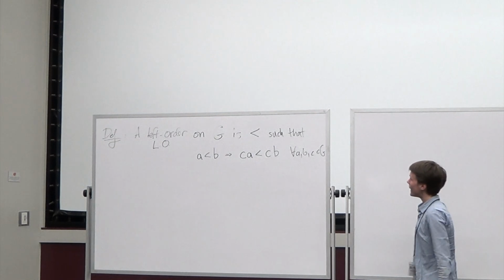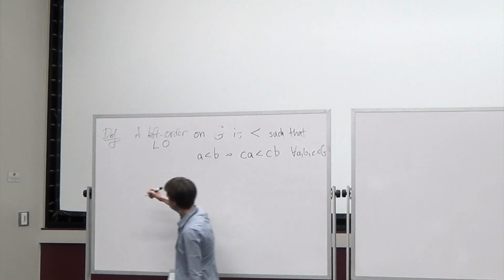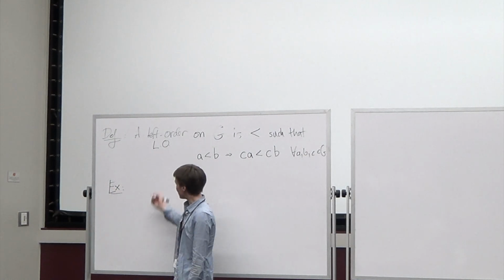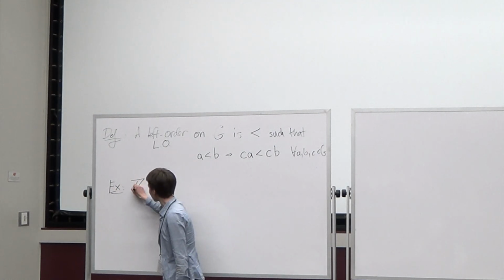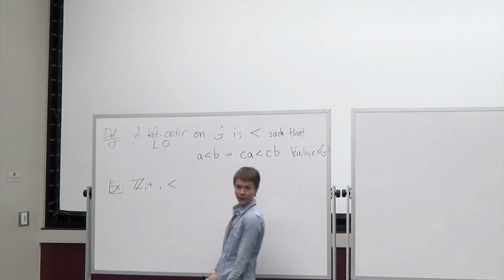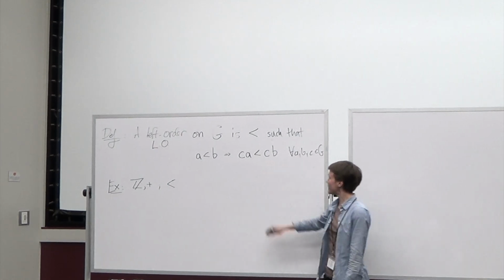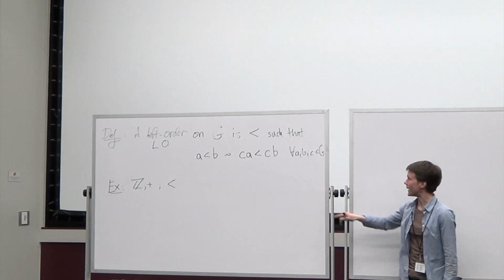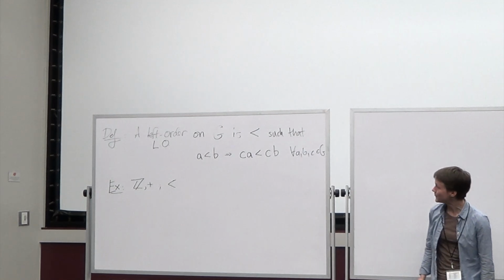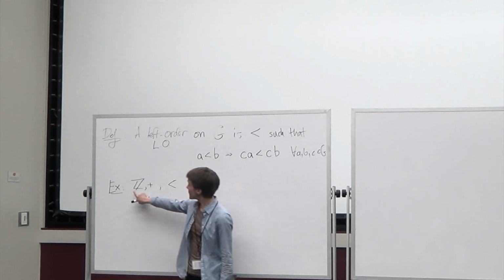Okay, so example. Maybe the most obvious example is if you take the integers as an additive group with the usual ordering on them. This is like a fact we learned in kindergarten, that adding a constant to things preserves the notion of being less or greater. But there's lots more interesting examples.